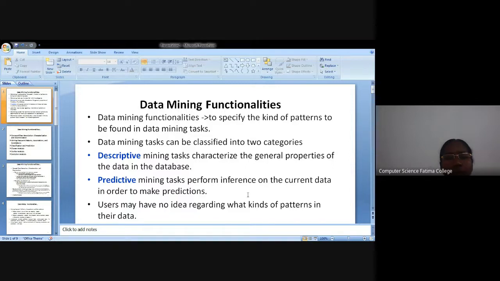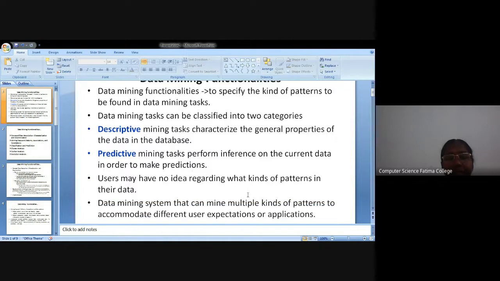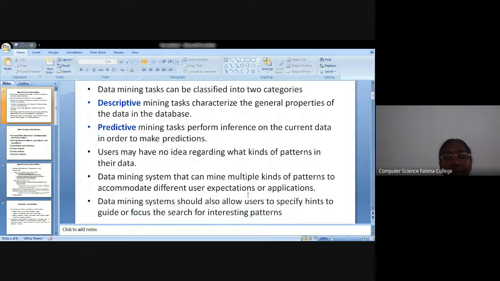Because the users may have no idea regarding the patterns in the data. A data mining system can mine multiple kinds of patterns to accommodate different users' expectations, and it also allows the user to specify hints to guide or focus the search for interesting patterns.